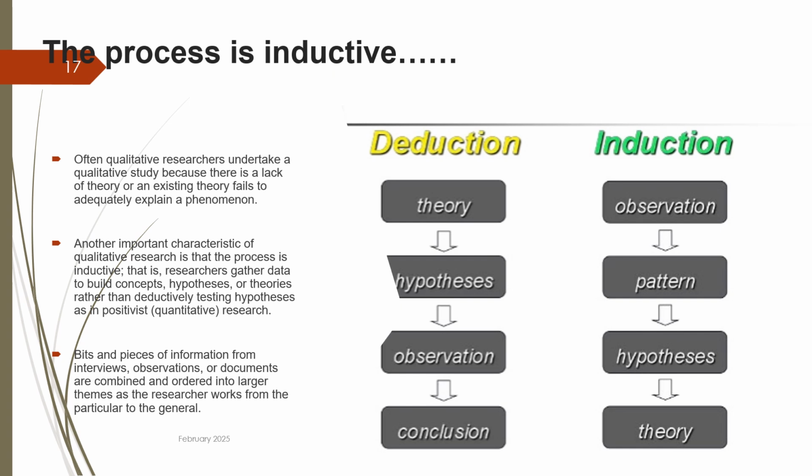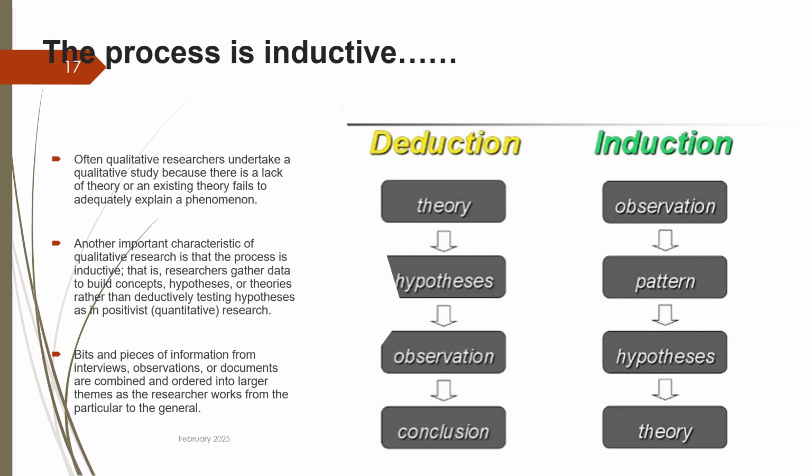So bits and pieces of information from interviews, observation, or documents are combined and ordered into larger themes. This is also another important word. You will see it frequently in any qualitative research book or papers. Themes relate to thematic analysis, which is the main approach that can be used to analyze qualitative data, as the researcher works from the particular to the general.